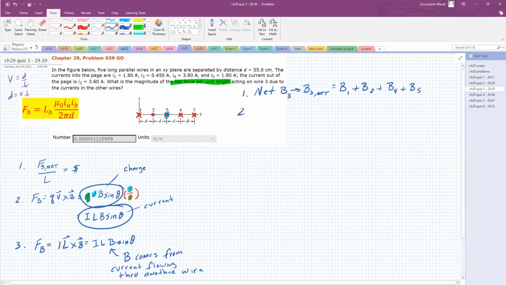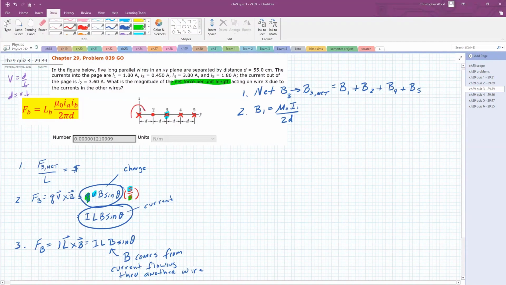So let's do this. Let's just do B1. B1 equals, again, mu naught I, with subscript 1, over the distance between 1 and 3, which is 2D. Okay, and let's focus on this. And then we have to worry about direction. So I'm going to do this one more time. It's going to get irritating, maybe it is already, but what's the magnetic field vector at wire 3 due to wire 1?